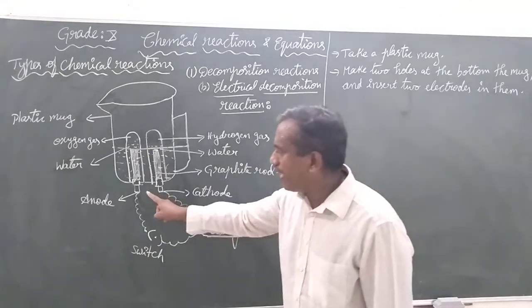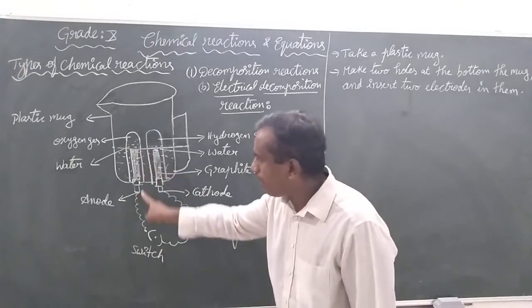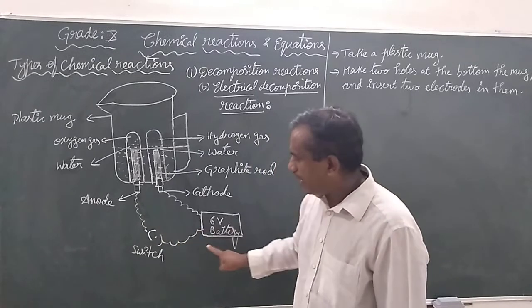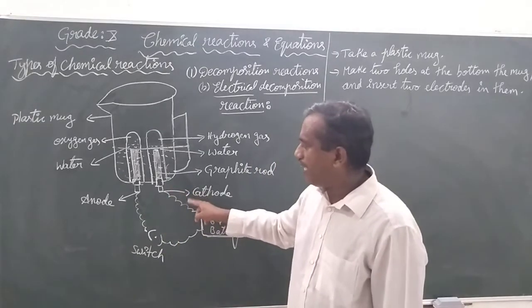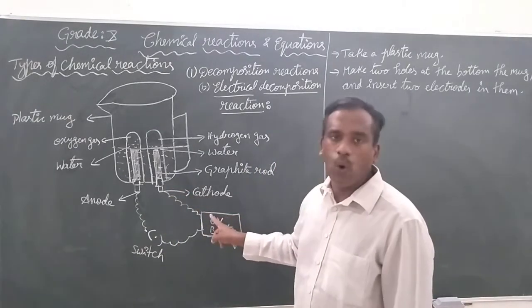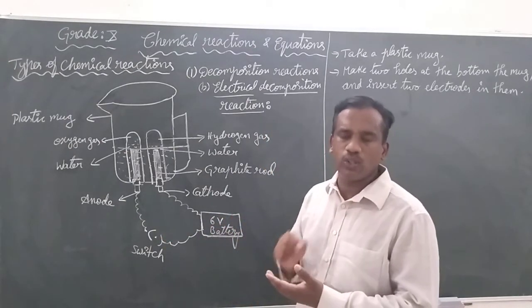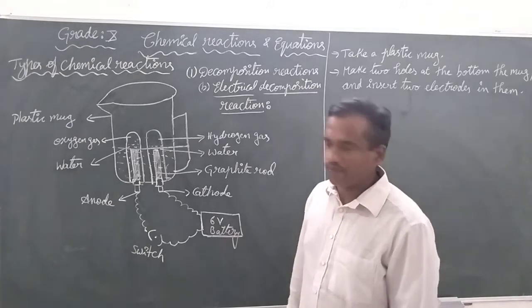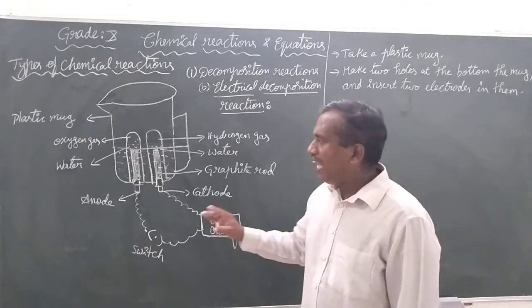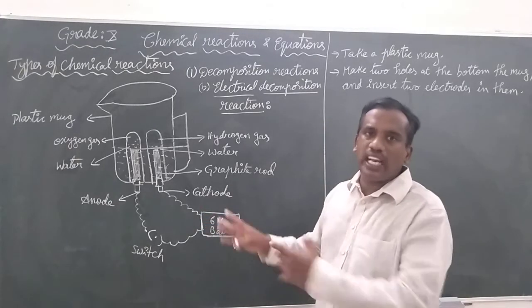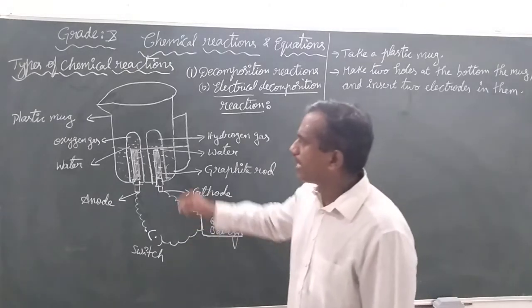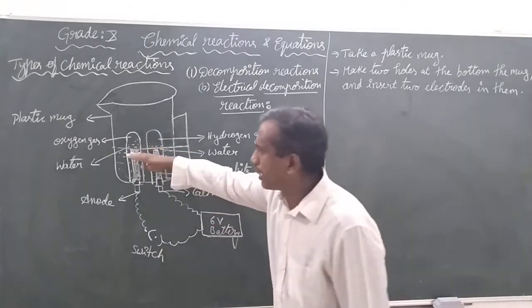So the wires coming from the electrodes connect to the anode and the cathode, but in between we take the help of a switch to start and stop the flow of current.